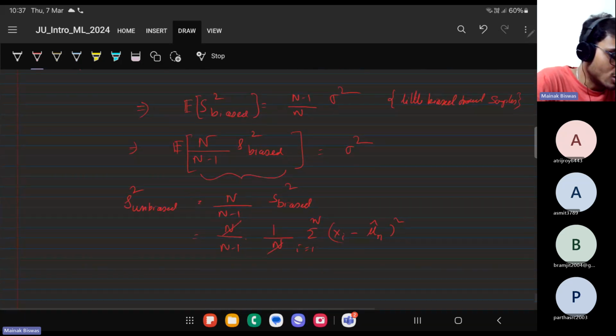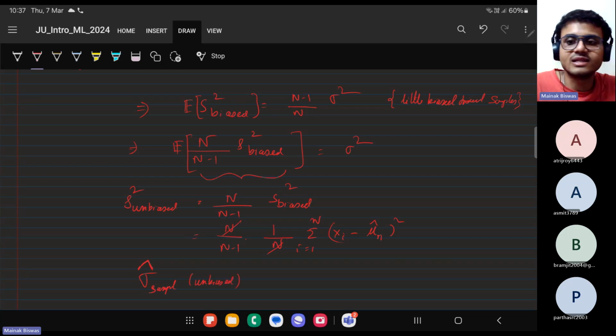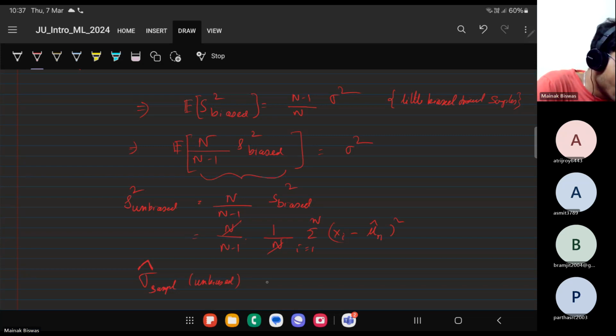So this is why in books you will see it defined as sample covariance, unbiased. As n tends to infinity it does not matter, but in real life you may have maybe 50 samples. In that case, it will matter. Which will become 1 by n minus 1 summation, i equal to 1 to n, right?